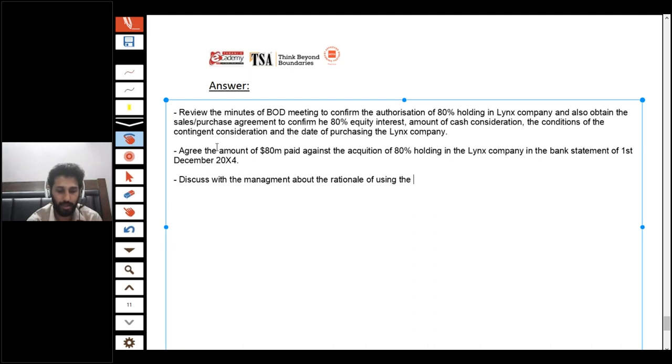About the rationale of using the 18% interest rate to discount the contingent consideration, despite the fact that 10% cost of capital is available.